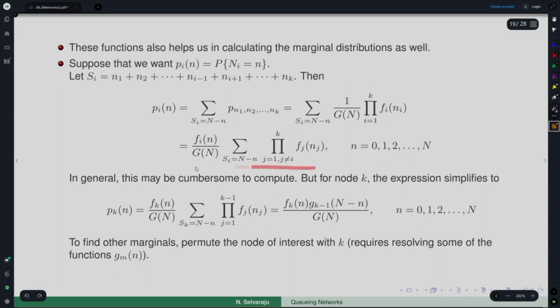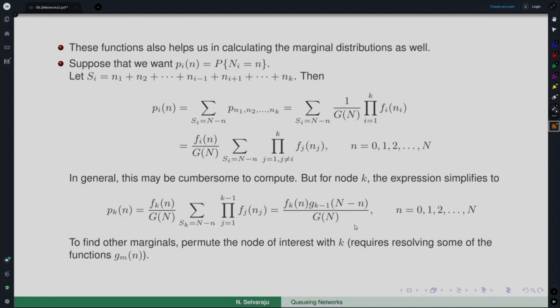In general, this quantity is a little cumbersome to compute, but conveniently, if I take the last node, that is node k, this expression is very simple, because instead of j not equal to i, it will be only the last one that you are leaving out. So, it will be like this, and that can be written easily as g k minus 1 of n minus n. So, one can write this quantity for the kth node.